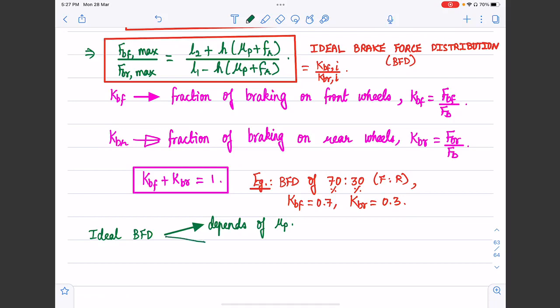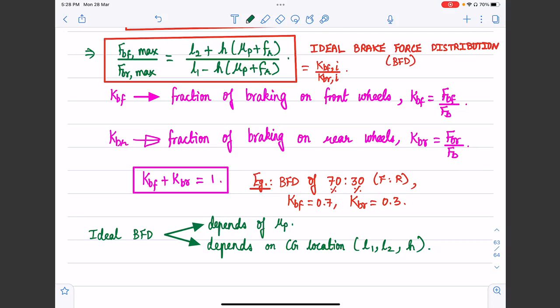Although rolling resistance comes into play, relatively its value is smaller. The other important factor it depends on is the CG location. We can see that L1, L2, and H play an important role in determining the ideal brake force distribution. So this creates a lot of interesting scenarios and challenges.